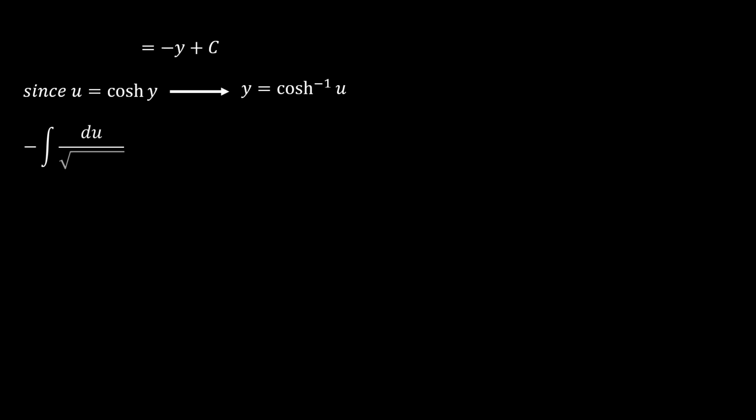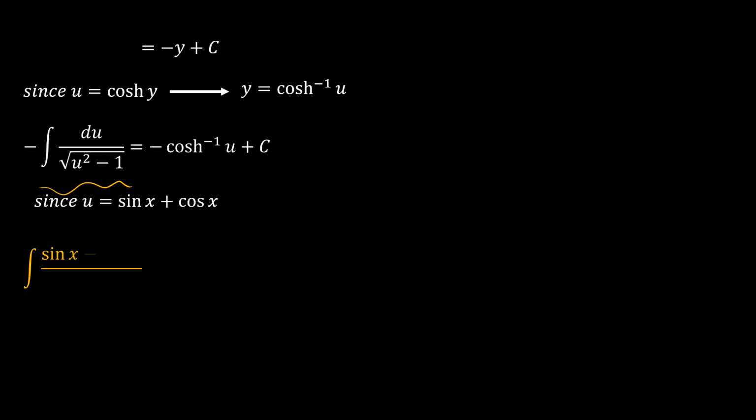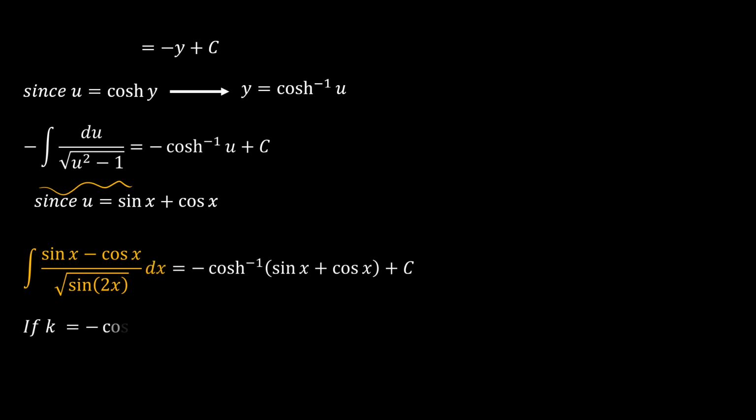So we just go in and plug in: our initial integral, the negative integral of 1 over the square root of u squared minus 1, is equal to negative arc cosh of u. But we also know that u is equal to sin x plus cos x, meaning that our original integral of (sin x - cos x) over the square root of sin 2x is the negative arc cosh of (sin x + cos x).